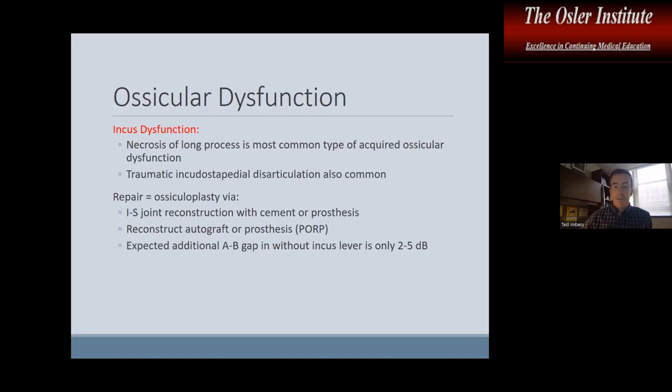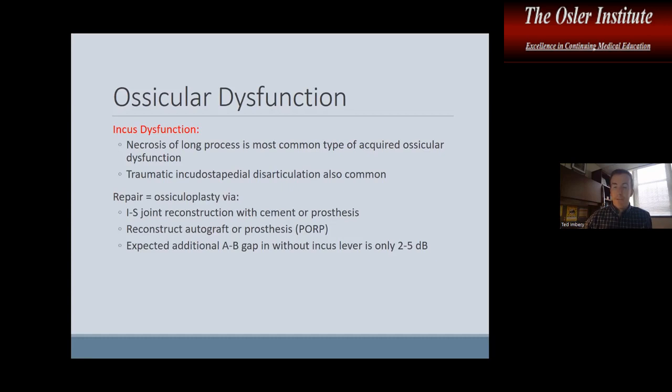So incus dysfunction is much more common, and typically what you'll see is necrosis of the long process, especially with cholesteatoma. You can also see this in traumatic cases. The IS joint can become disarticulated. Repair, so ossicular chain reconstruction, you can do it in a variety of ways. If there's a diseased incus, you can potentially reconstruct it with some form of artificial cement.